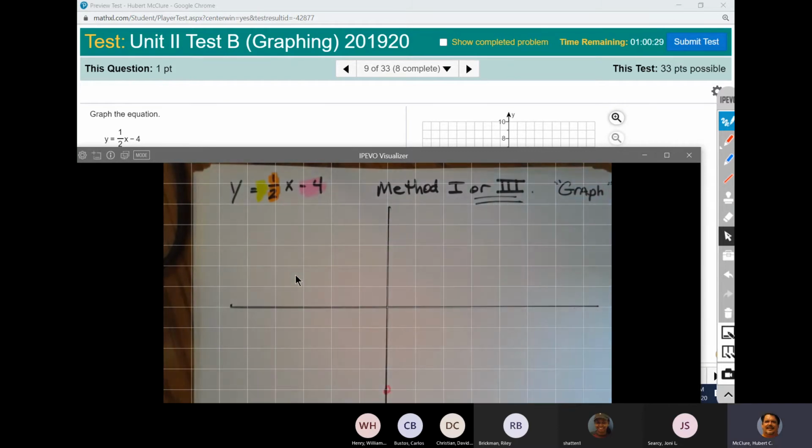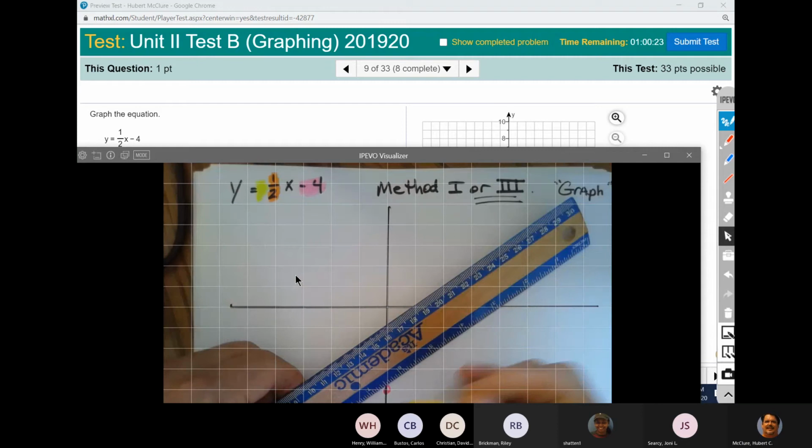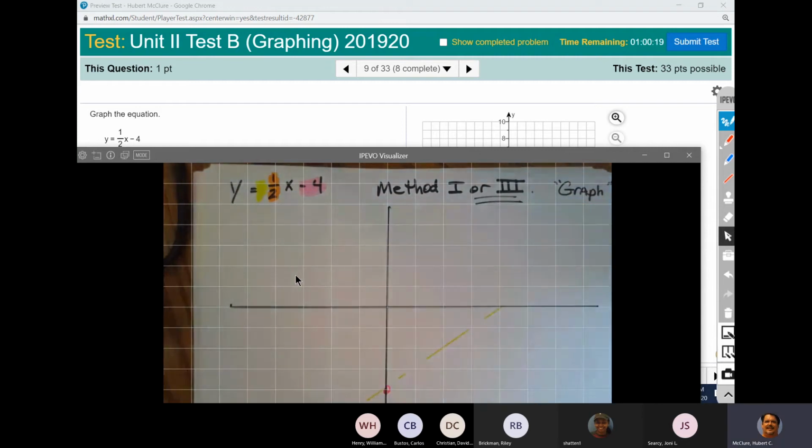And I'm going to draw a trace line, negative left to right. And I've got 1/2. So I'm going to go 1 down. Well, I can't. So I'm going to go 1 up and 2 over. 1 up, 2 over. 1 up, 2 over. And there's my line.